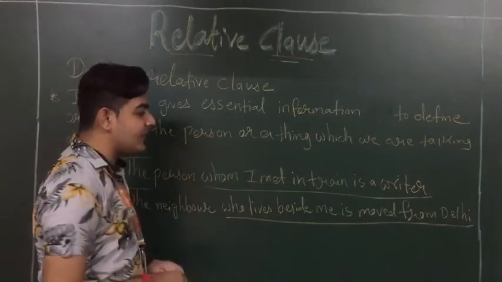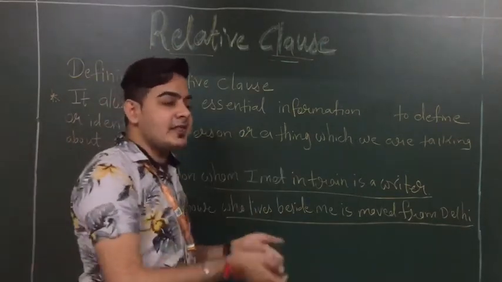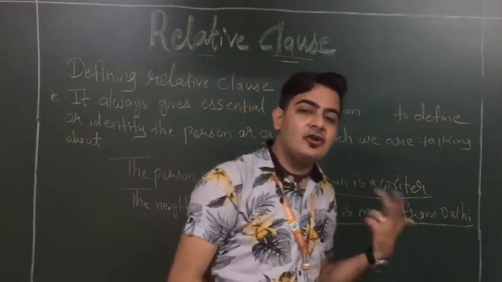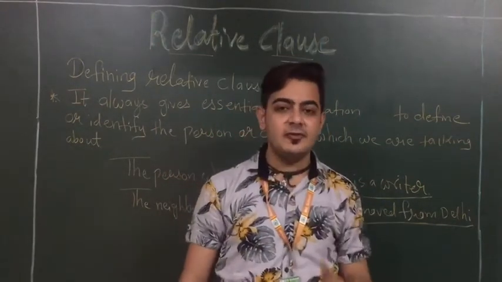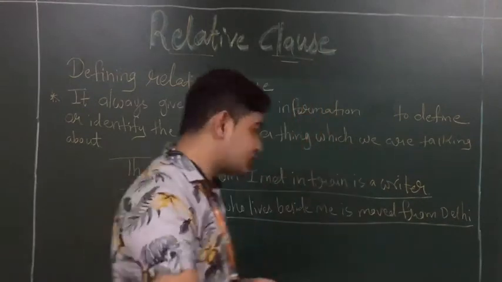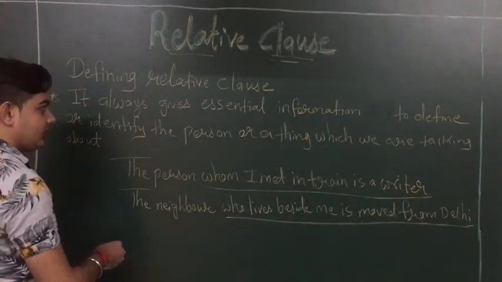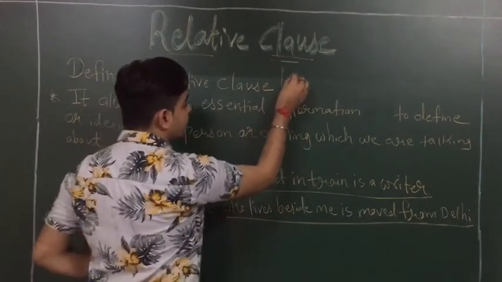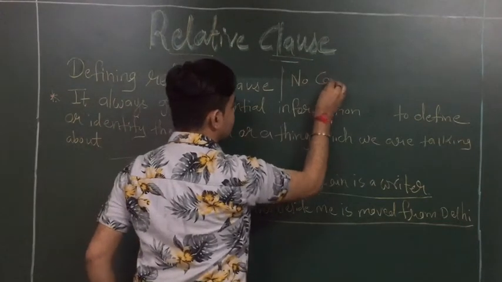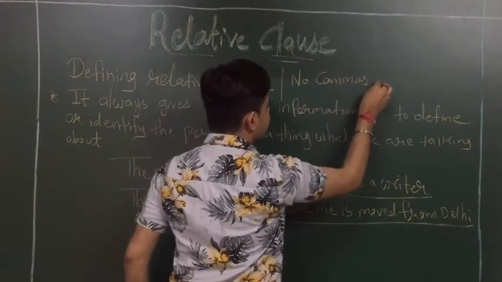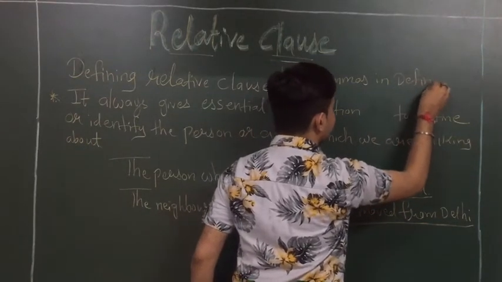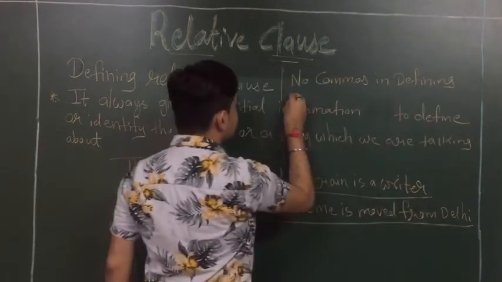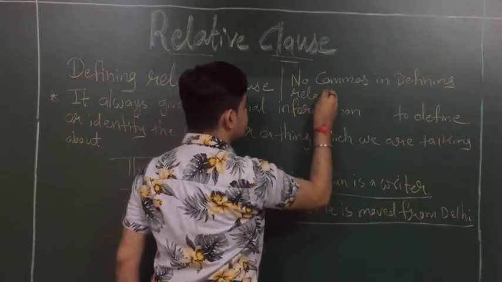And the person whom I met in the train is a writer. जिस बंदे से मैं मिला था ट्रेन में वो क्या था, राइटर था. No extra information, no additional information, nothing. And the most important thing, no commas in defining relative clause.